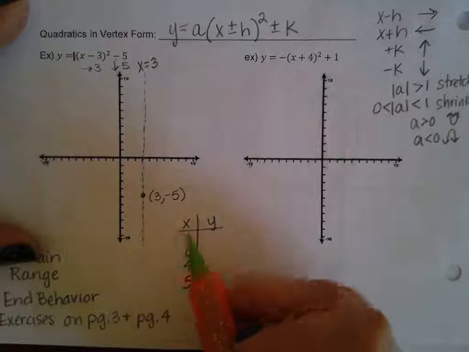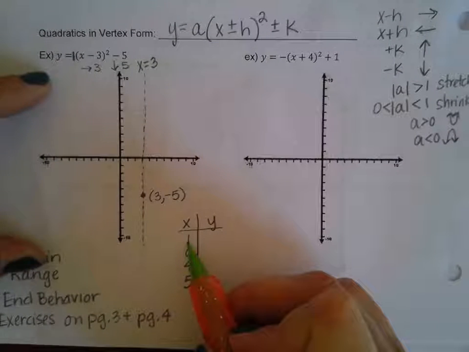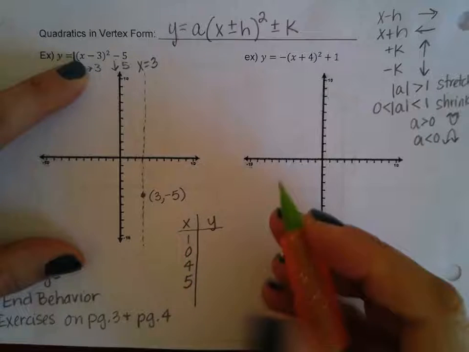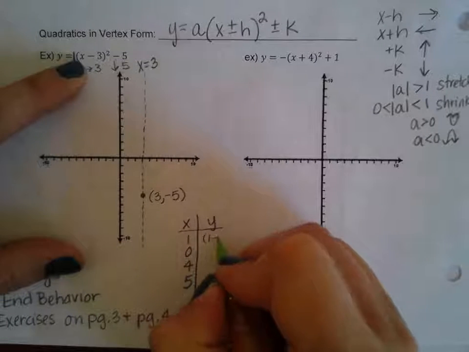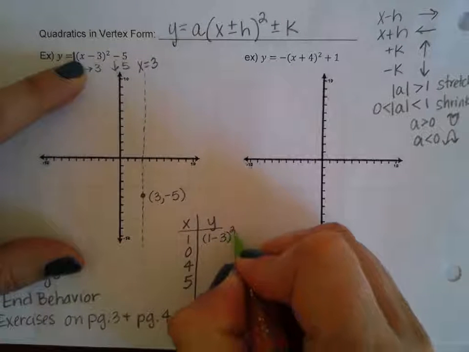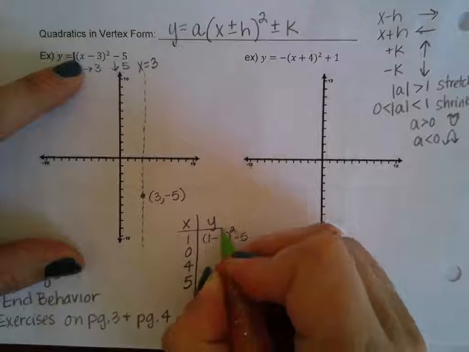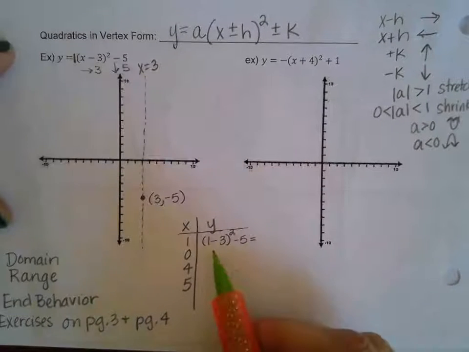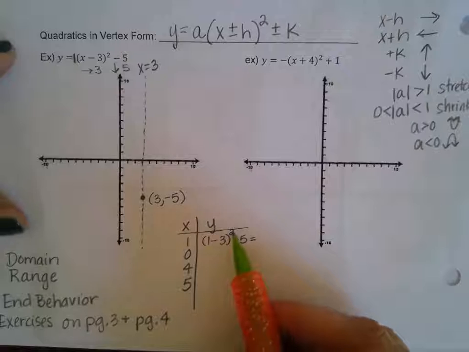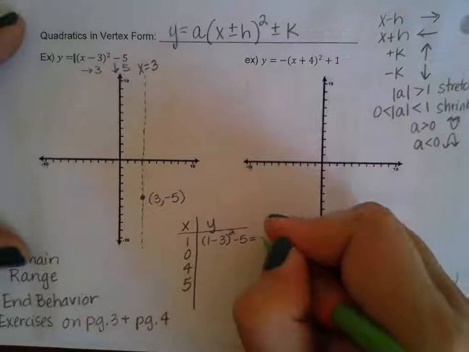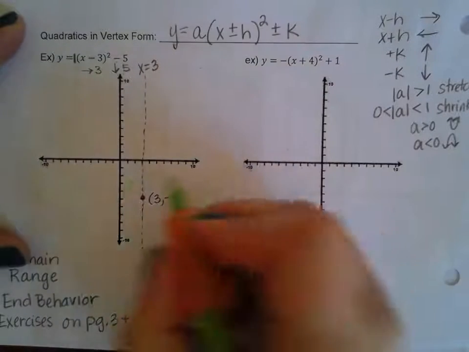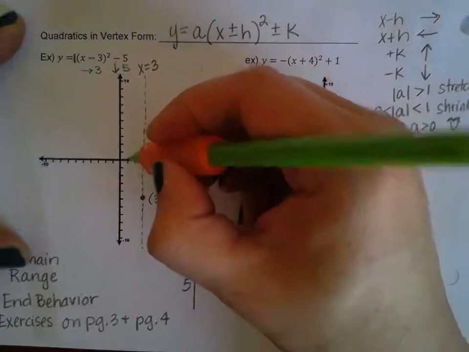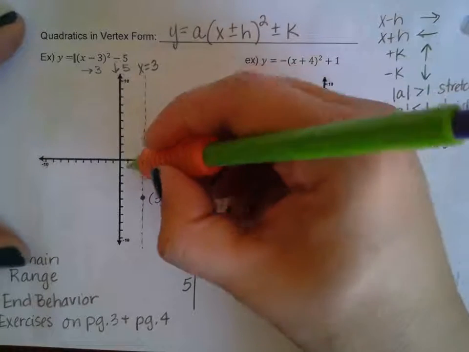So now we're going to take the x value and plug it into the equation. So this would be (1 minus 3) quantity squared minus 5. And that's going to be negative 2 squared, which is 4. 4 minus 5 is negative 1. So we're going to be over 1 and down 1.